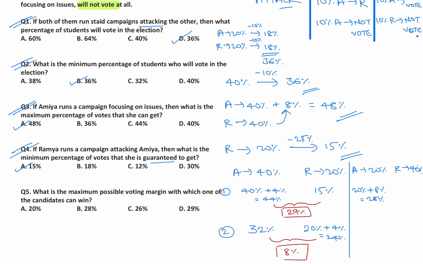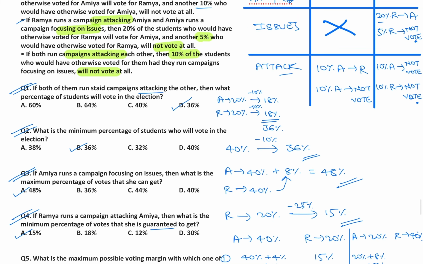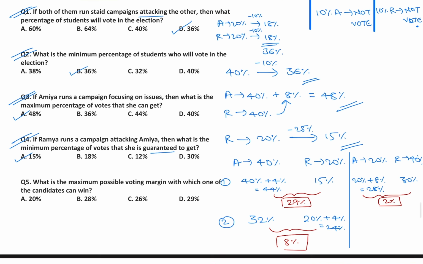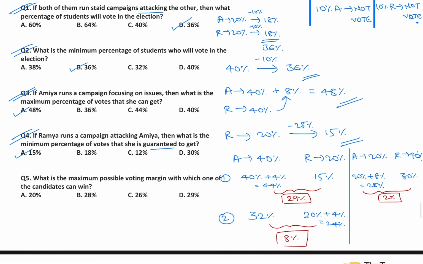This will be 28%. And Ramya 5%, so overall Ramya will lose 20 plus 5, 25%. So this will be 30% left. The margin that I'm looking at here is 2%, right? Again, we can simply ignore it. We already have got the highest one, which is 29%.